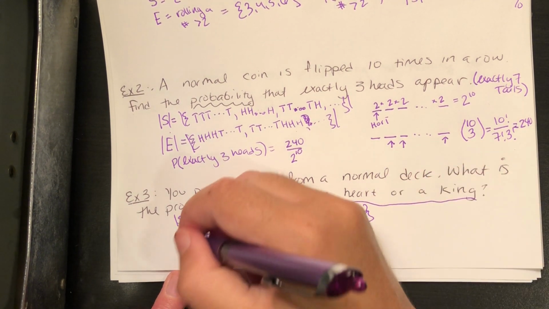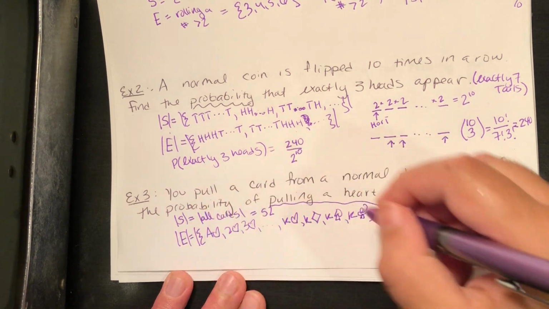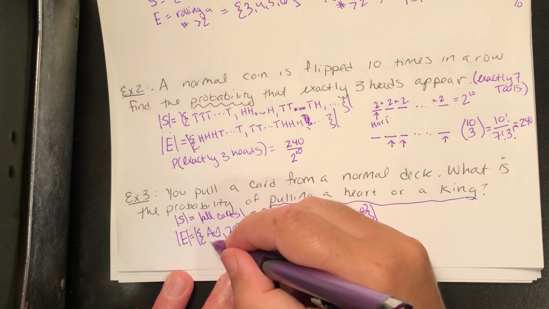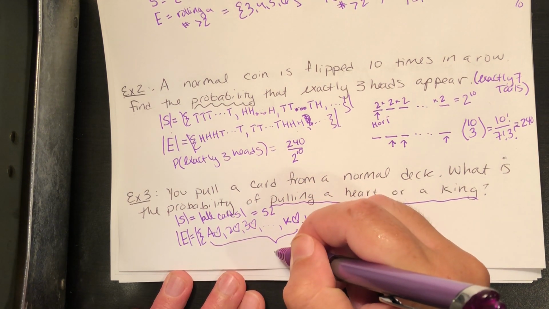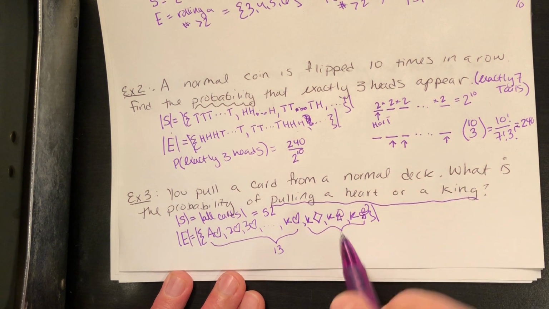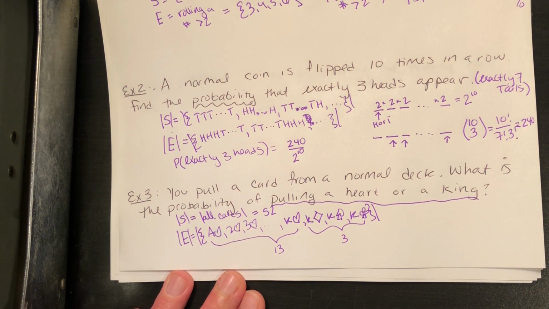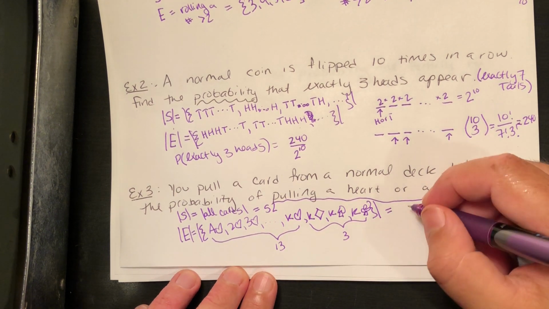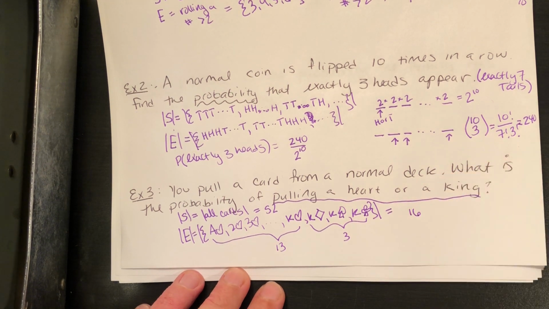And so the cardinality of this is just the number of cards that are either hearts or kings. The number of hearts is 13, and then we get an additional 3 kings. We don't want to double count this one in the middle. And so in total, the desirable outcomes here would be 13 plus 3, which is 16.